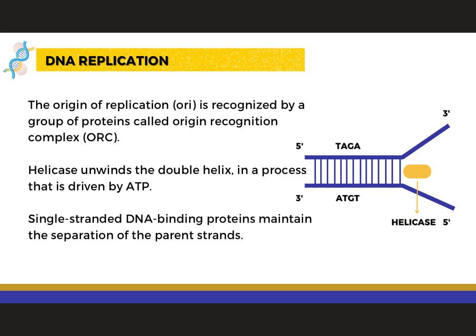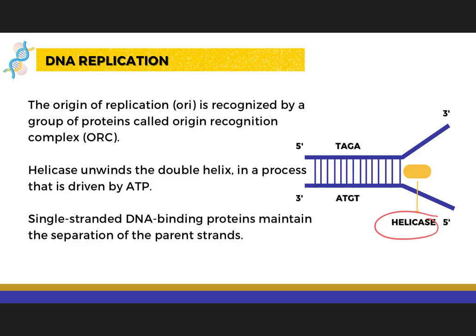In this figure, you can see an enzyme called helicase. So helicase is going to break the hydrogen bonds between the bases of the two antiparallel strands, and the strands are initially split apart in areas that are rich in AT base pairs, forming a replication fork.